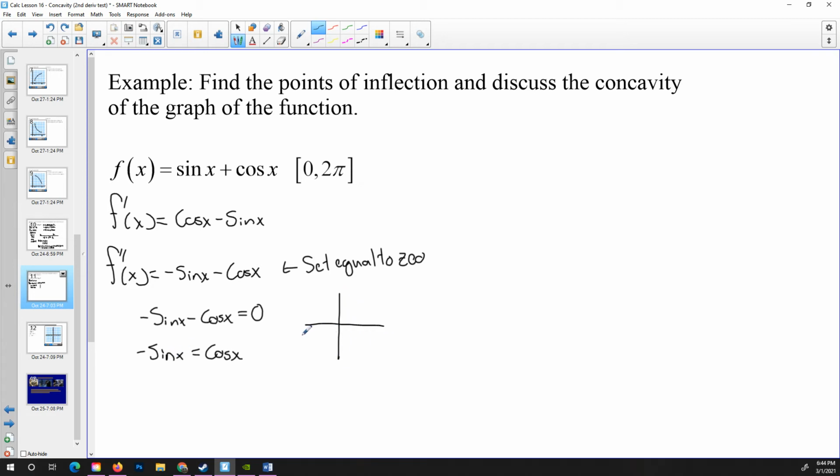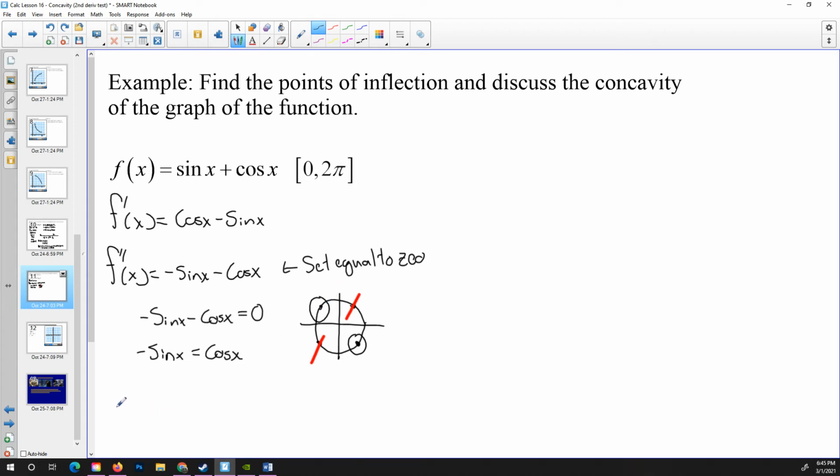On my unit circle, they have the same magnitude at these 4 points. But it's not going to be this point or that point, because at those points they have the same signs. So we are looking for this point right here and this point right here, because they'll both be square root of 2 over 2, and one of them will be negative and one of them will be positive.